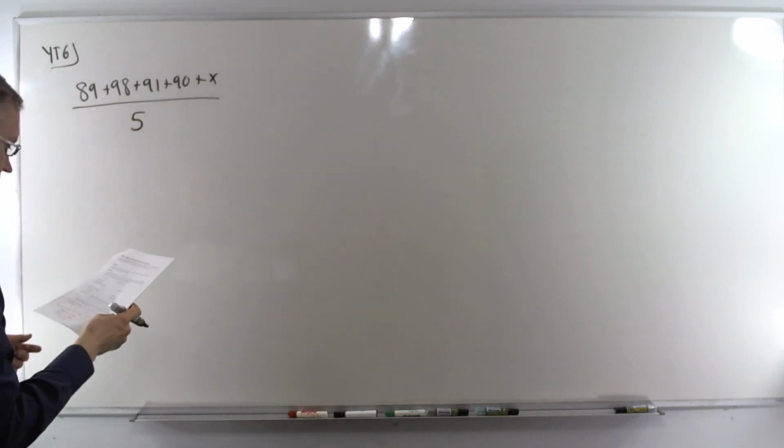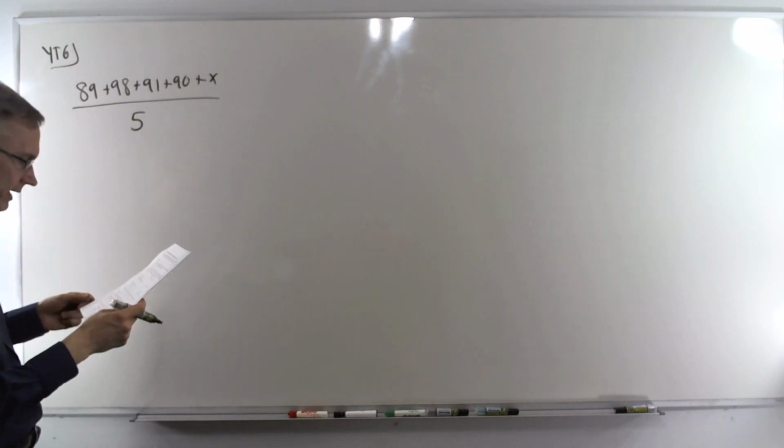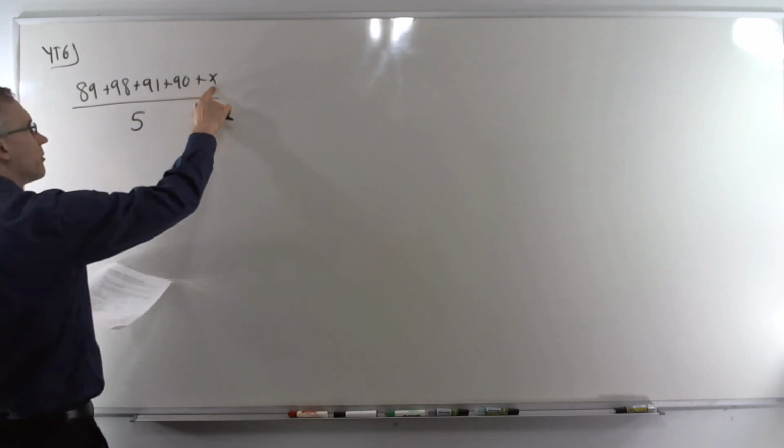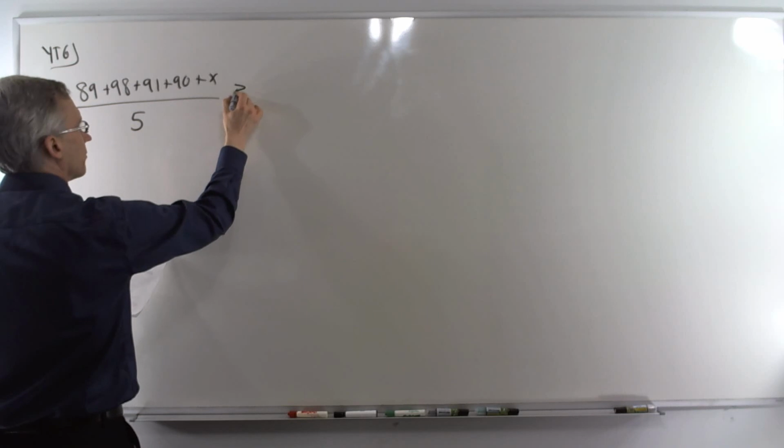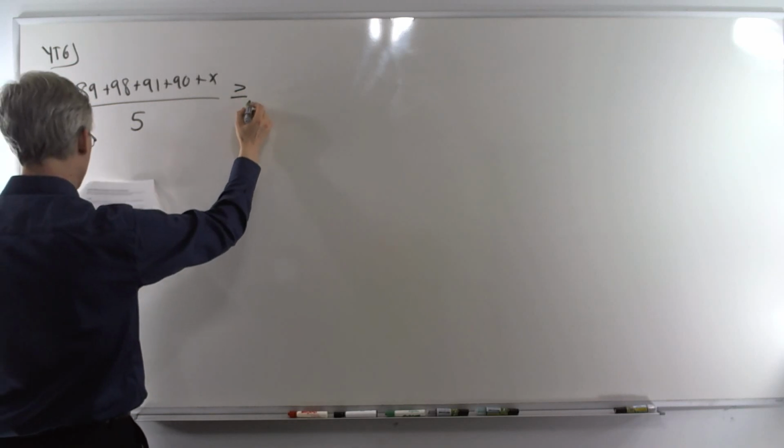So first 4 scores, 89, 98, 91, and 90. We don't know the 5th one, so there's our variable. We have 5 scores. To find the average, we divide by 5. And we want the average to be greater than or equal to 93.